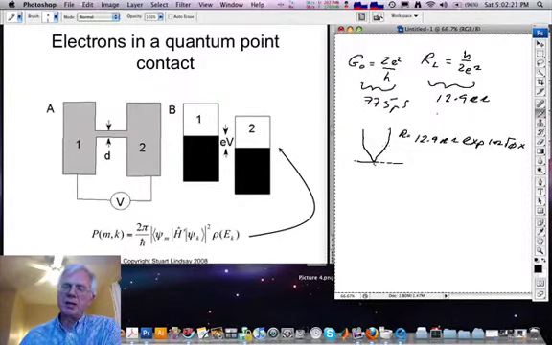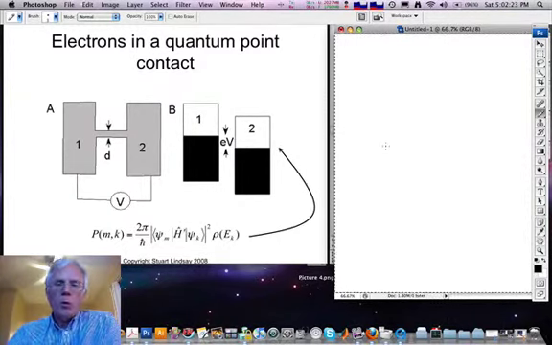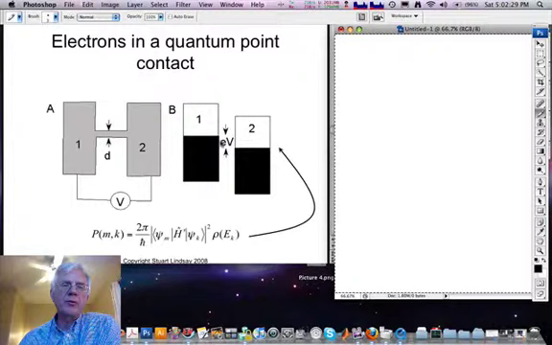How is this quantity derived? We derive it using Fermi's golden rule, and this says that the probability of a transition from the left electrode to the right, where here I'm showing an energy diagram. So what we've done here is to apply a negative bias to this electrode, so we've raised the Fermi energy of this electrode relative to the second electrode by the electronic charge times the voltage V applied between electrode 1 and electrode 2.